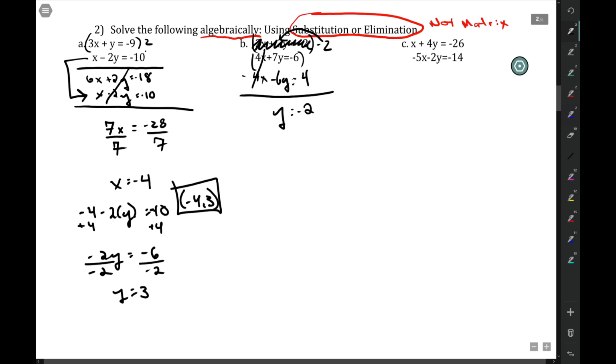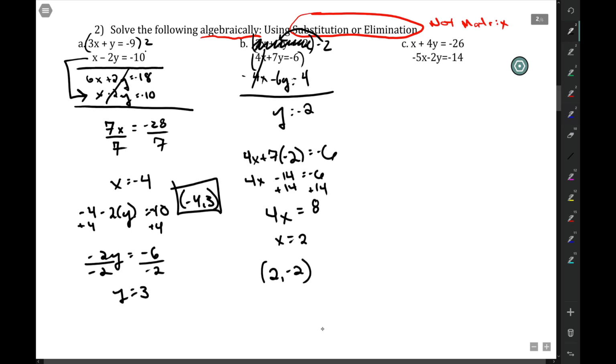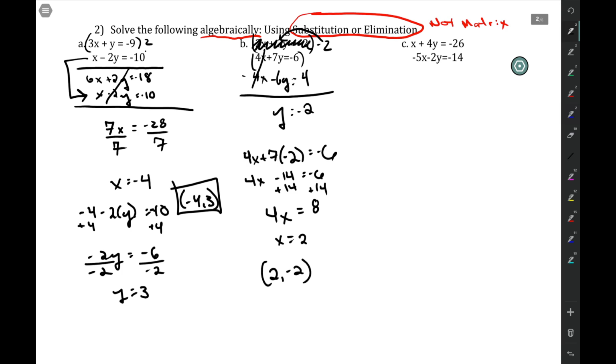Pretty convenient. If I look back, 4 times x plus 7 times negative 2 equals negative 6. Bada bing, bada boom, 4x equals 8, and x equals 2. So 2, negative 2 should be the answer for that one.